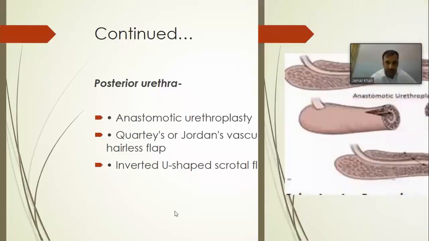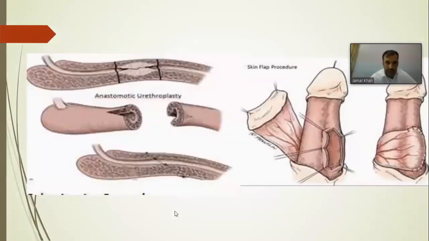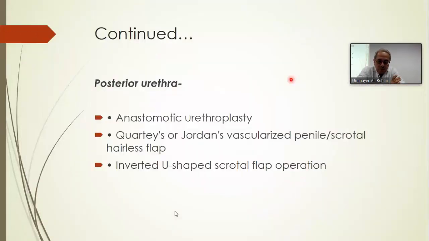This is the anastomotic. Now, if you have got skin which has hair on it, then there is a procedure by which you remove the hair, and that is known as epilation. So it doesn't matter whether you have got a hairless flap or a flap with hair.